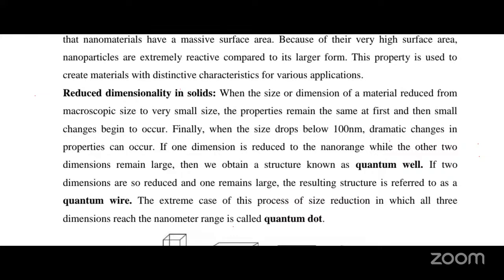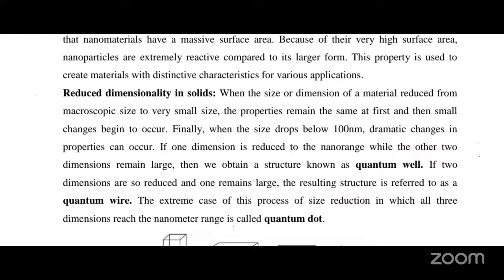The dimension of the material is reduced from macroscopic size to very small size. Very small size is nothing but nano size. When the size drops below 100 nanometers, there are drastic changes in the properties.